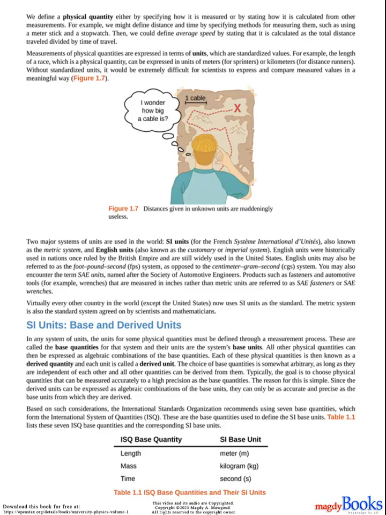Based on such considerations, the International Standards Organization recommends using 7 base quantities, which form the International System of Quantities, ISQ. These are the base quantities used to define the SI base units. Table 1.1 lists these 7 ISQ base quantities and the corresponding SI base units.